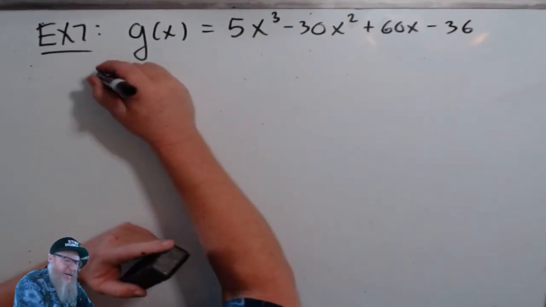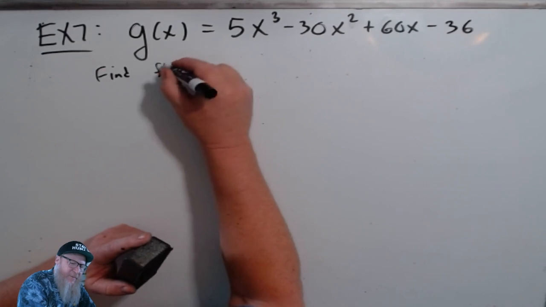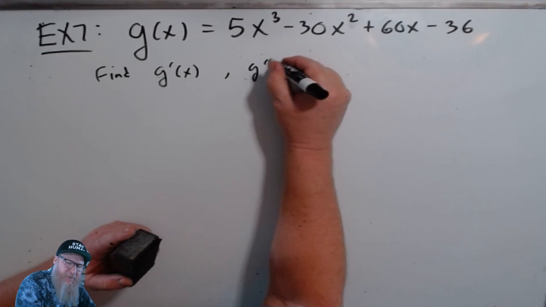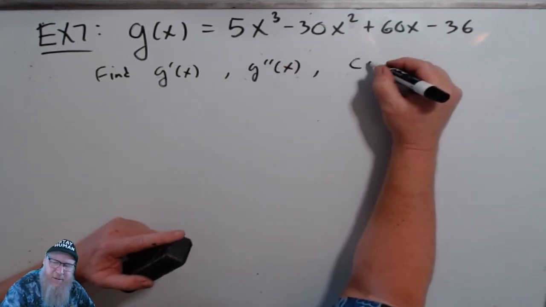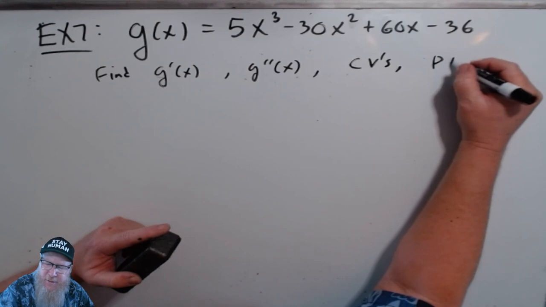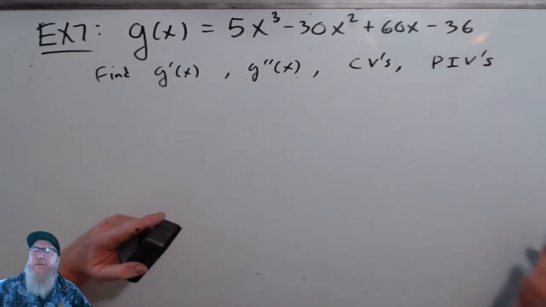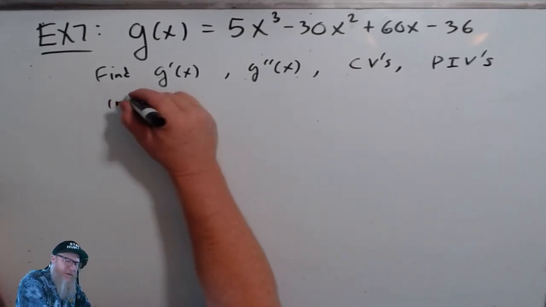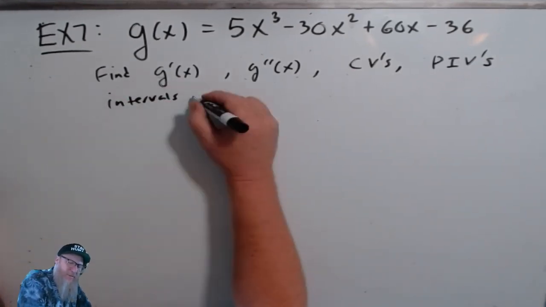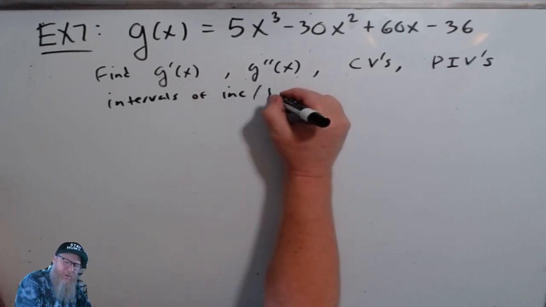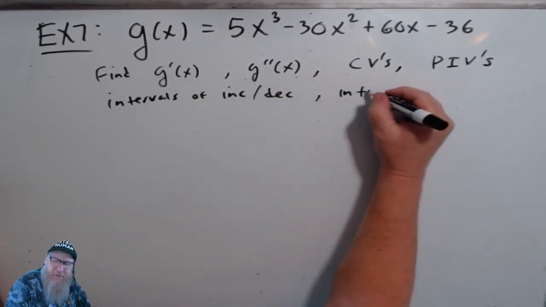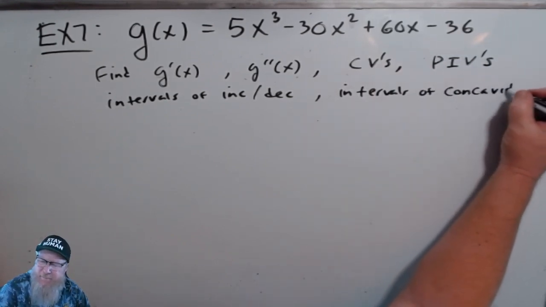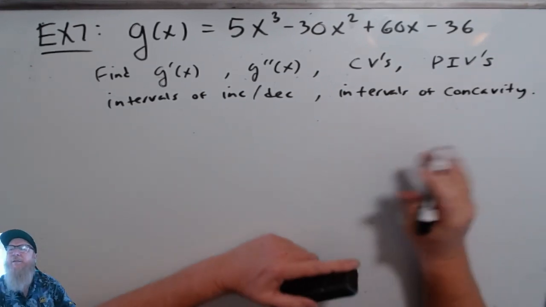All right, so find the first derivative, the second derivative, the critical values, the possible inflection values, intervals of increase or decrease, and intervals of concavity. So concave up or down.